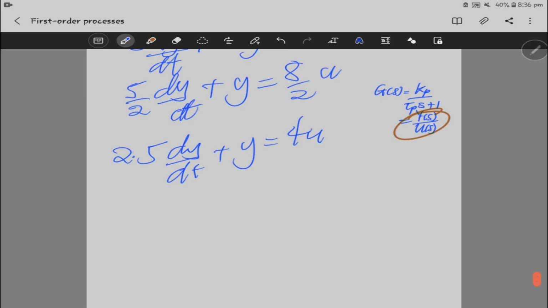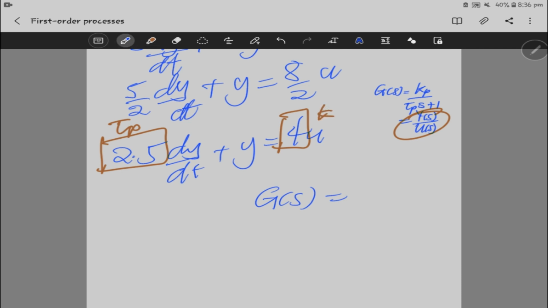And we said if we have it in this form, we'll clearly know the Kp. So the transfer function should be of this form, where Kp, the gain, will be this here, 4, and the time constant will be this, 2.5.